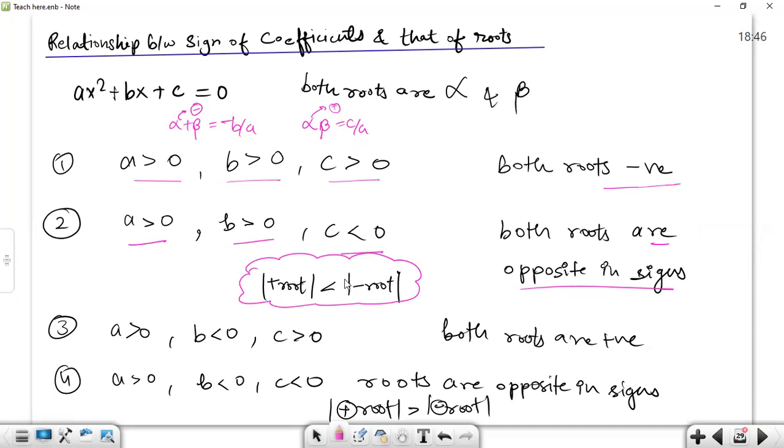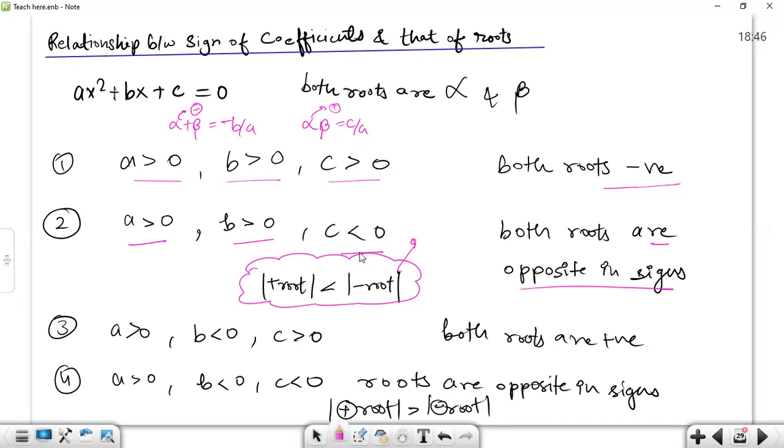We are just looking at the magnitude of roots. That's why we have applied modulus on both of the sides, and we have said that the negative root is going to be greater than the positive root in the scenario where C is negative. Understood?